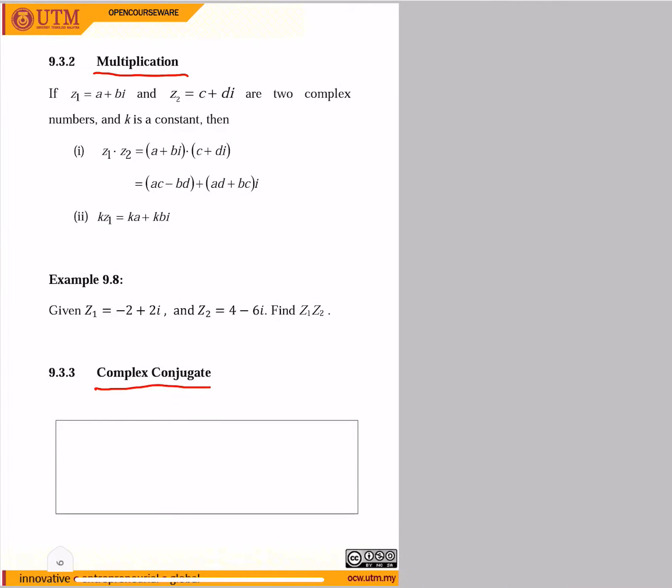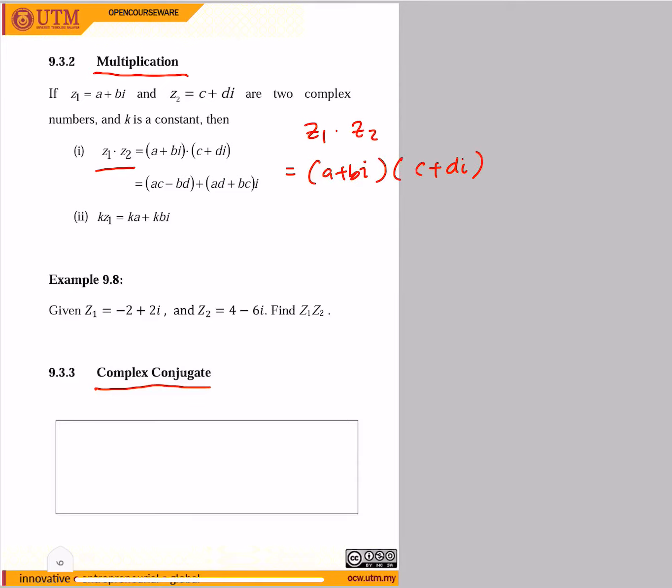Now let's look at the multiplication. How do we multiply two complex numbers? Again, we have Z1 equals A plus BI and Z2 equals C plus DI. Let's say K is a constant. If you want to multiply Z1 with Z2, it will be A plus BI multiplied with C plus DI.